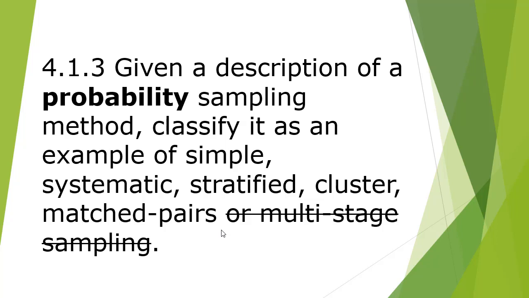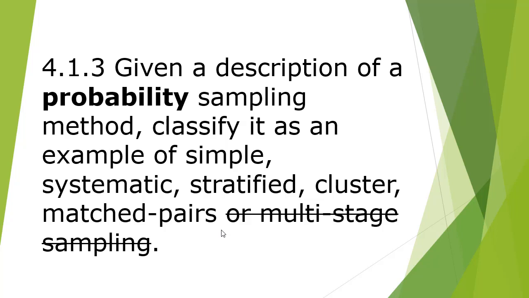So for 4.1.3, given a description of a probability sampling method, you should be able to classify it as an example of simple, systematic, stratified, cluster, or matched pair sampling method. And please note that I eliminated multi-stage sampling.